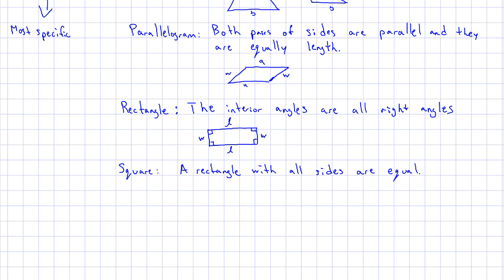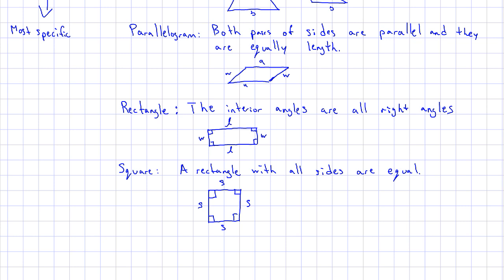So that is the most specific scenario where we have here, if I have side length S, well, it's the same for all four sides. And again, those interior angles are all right angles.